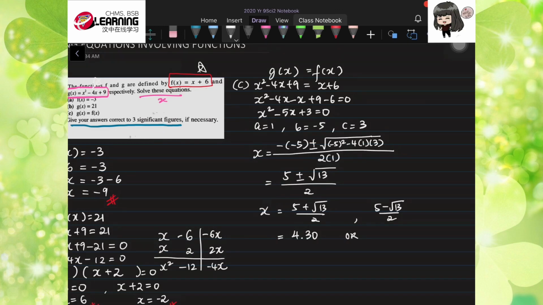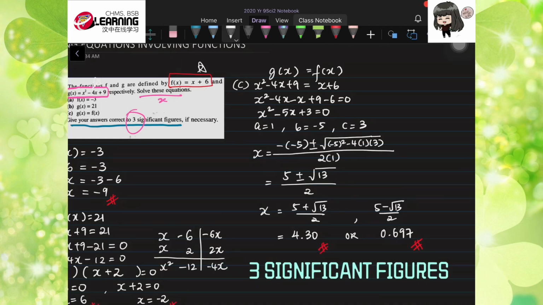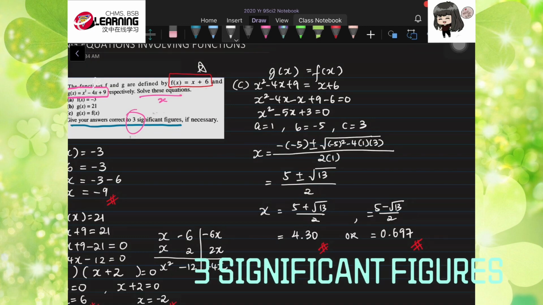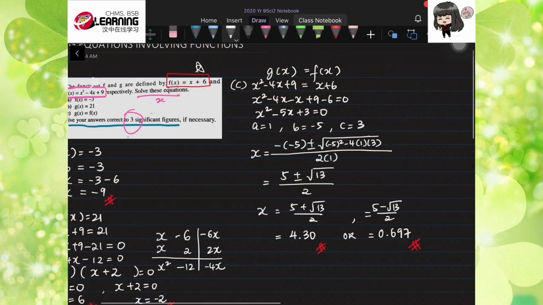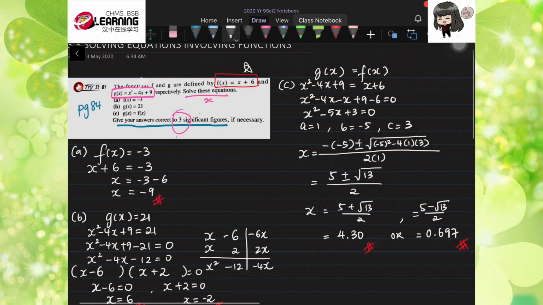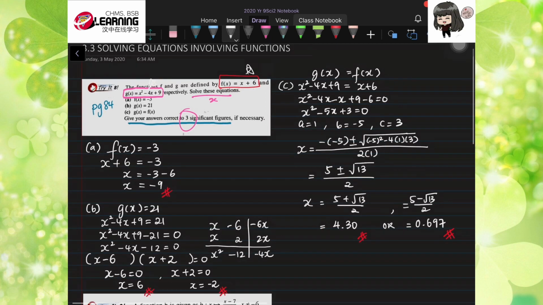You will get 4.30 or 0.697, in 3 significant figures, as the question says. So that is for Try It 8. We have done and solved the equations.